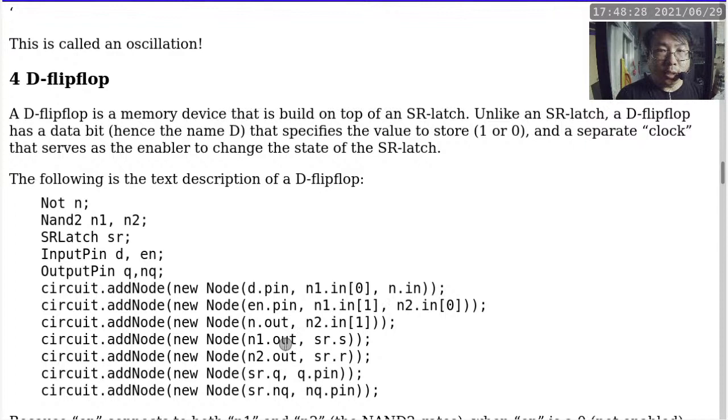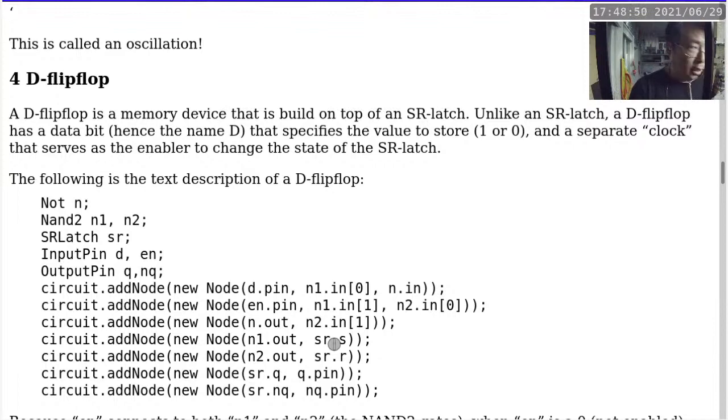And then we look at the SR latch. The output of N1 goes to S, and then the output of N2 goes to R. So we got N1, N2, this is N. I'm just talking to myself here. This is the SR latch.